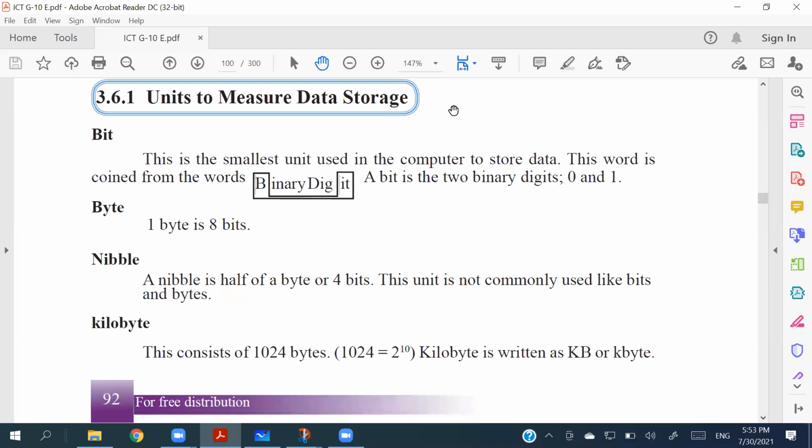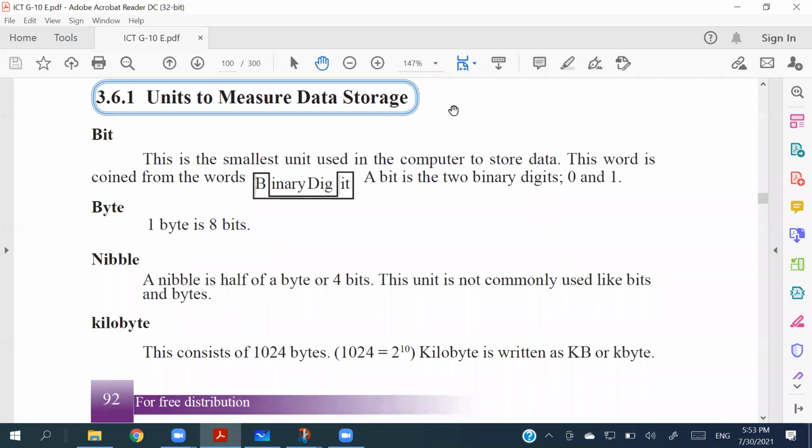Like with grams and kilograms, you know the relationship: 1 kilogram is equal to 1,000 grams. Likewise, bit, byte, kilobytes and megabytes have their own relationships between those units.